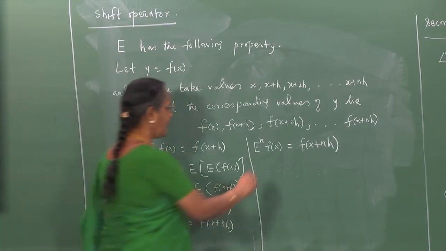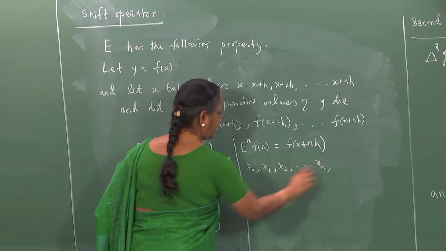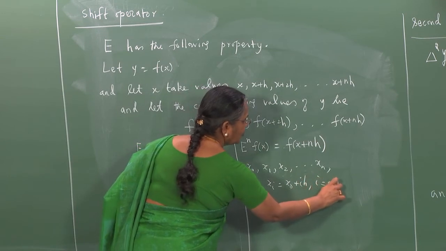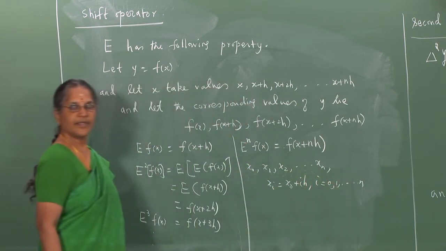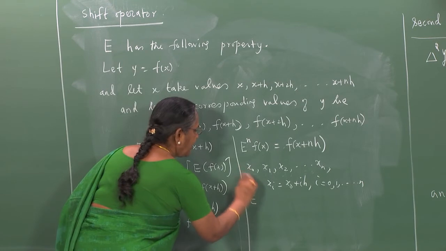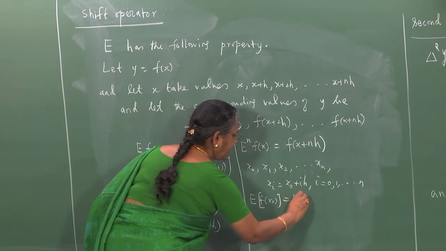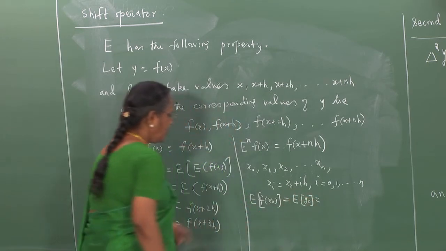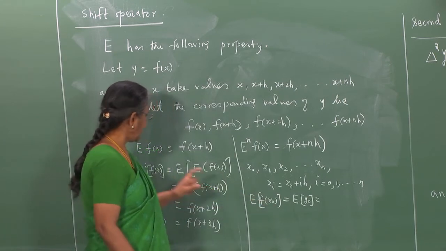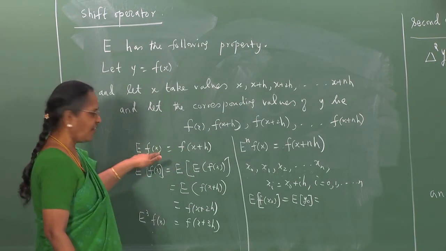Suppose I take these values as x naught, x1, x2, etc., xn with xi as x naught plus ih for i equal to 0, 1, 2, 3 up to n. Then I know that E on f of x naught, but what is f of x naught? It is y naught. What is E on f of x naught? E has the property that it produces the value f of x plus h when it acts on f of x.